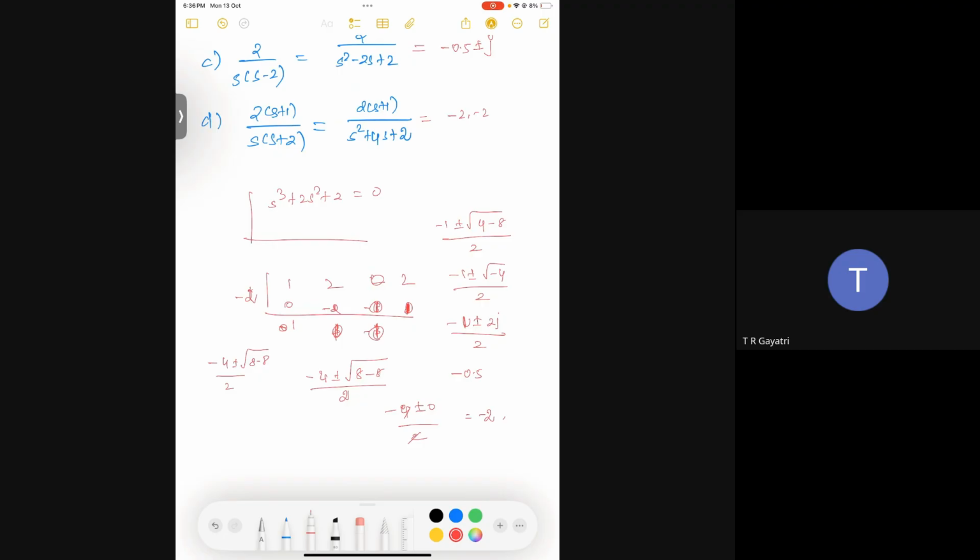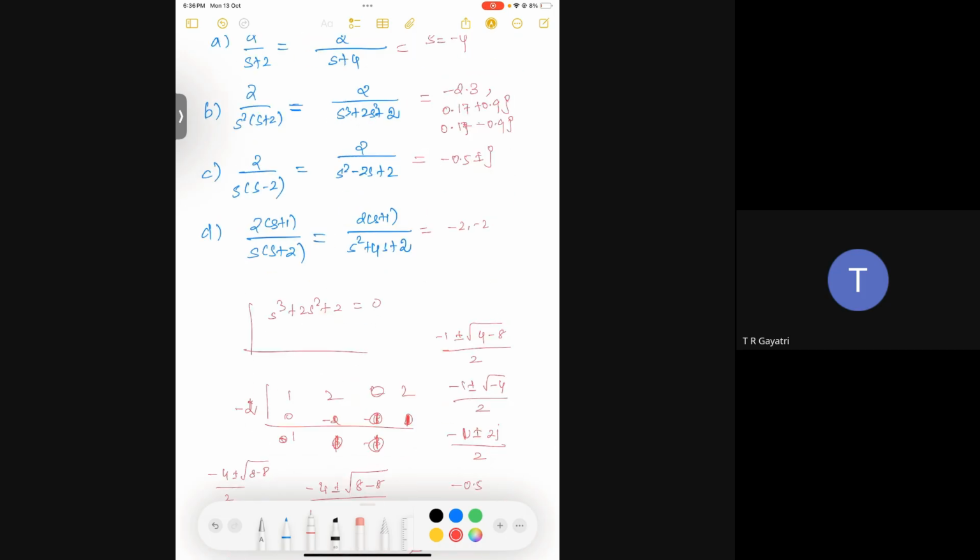For system C, the roots are 1 plus or minus j, no? Everybody is getting that, 1 by 2 is there, no? Yes, ma'am, 1 plus j and 1 minus j. Minus b will become minus 2, then it will become 1. Okay. For the fourth one, minus 2 plus or minus root 2. Okay.